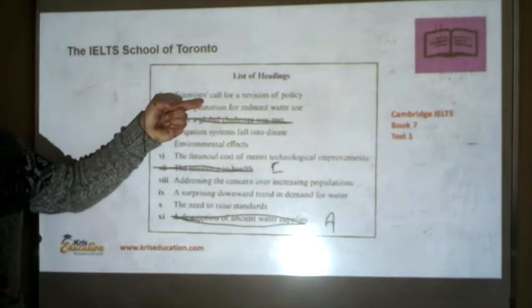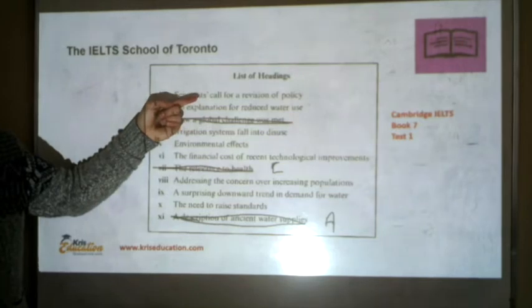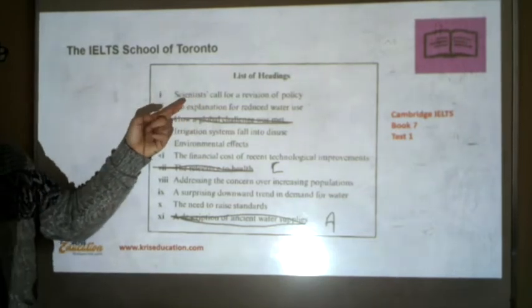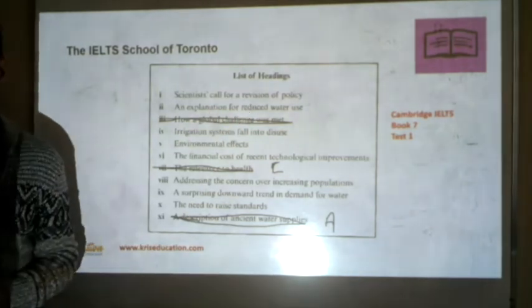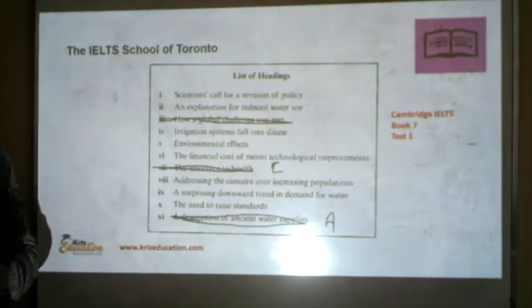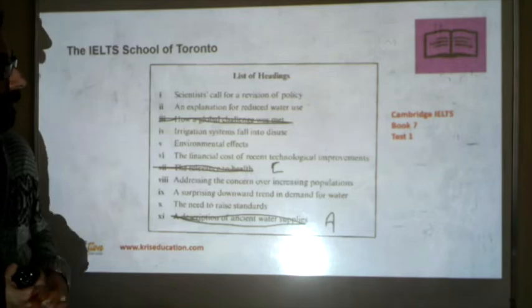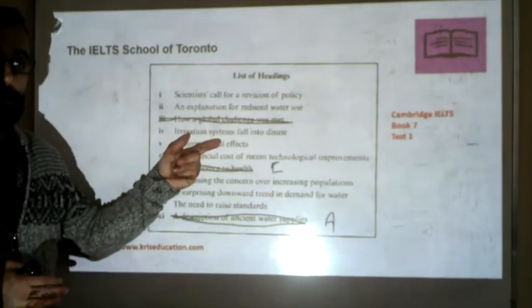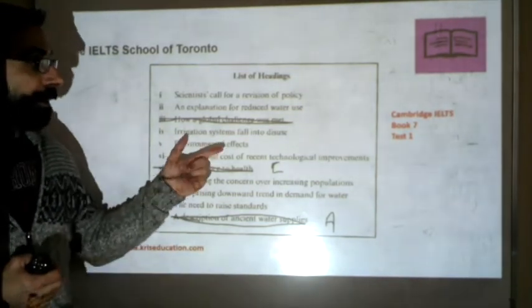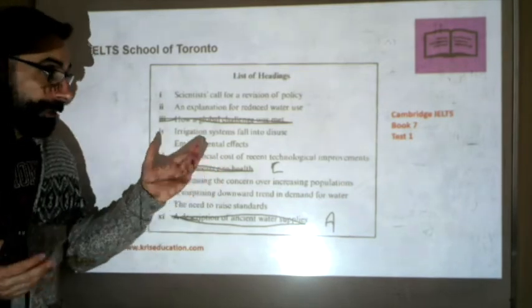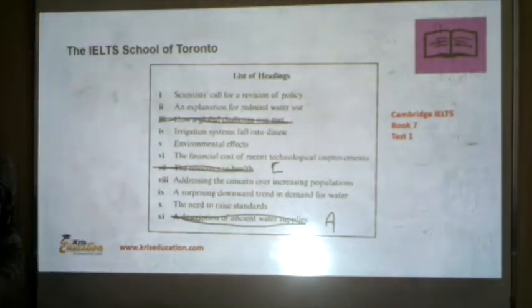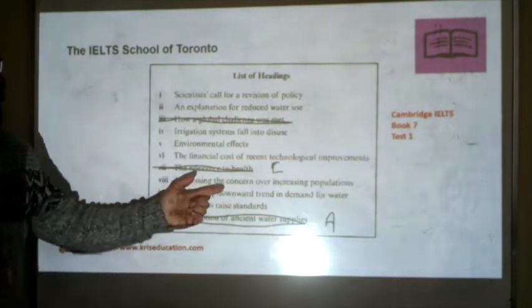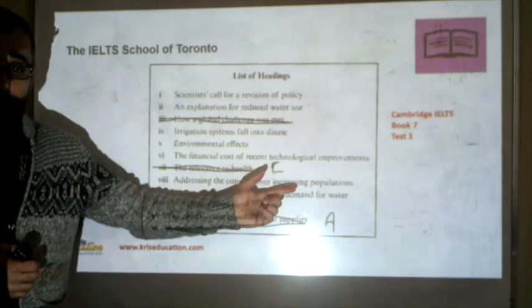Is the sentence saying anything about scientists? No. Many people have been forced to move from their homes. Explanation for reduced water? Again, no. Irrigation systems? Nothing. Environmental effects? Nothing. Financial costs? No. Concern over increasing population?